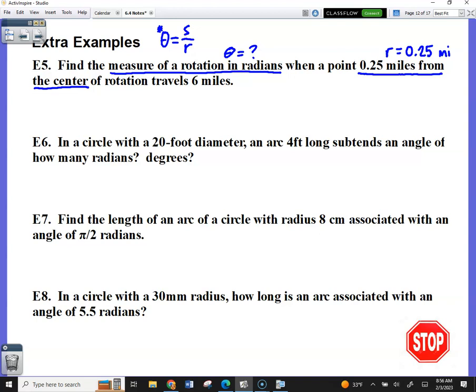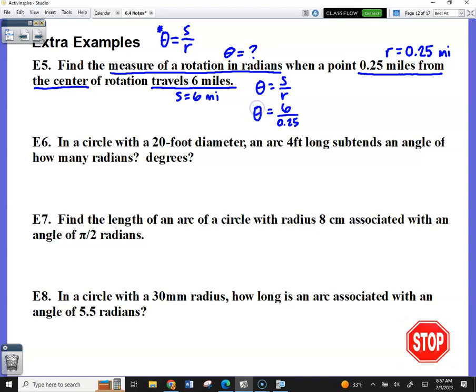That's what? S. All right, plug it in. Miles, we're good. We're finding theta. So theta equals S over R. We've got 6 over 0.25. Did you get 24?